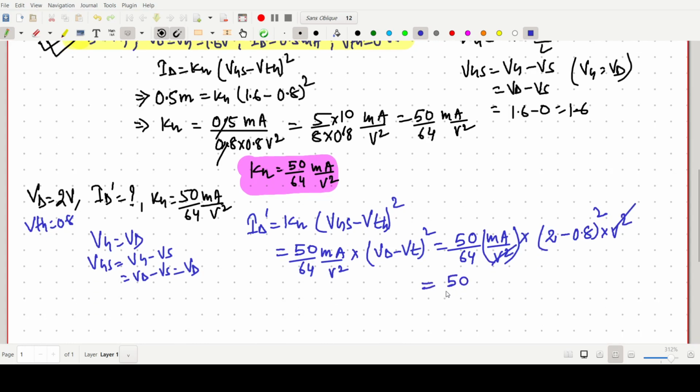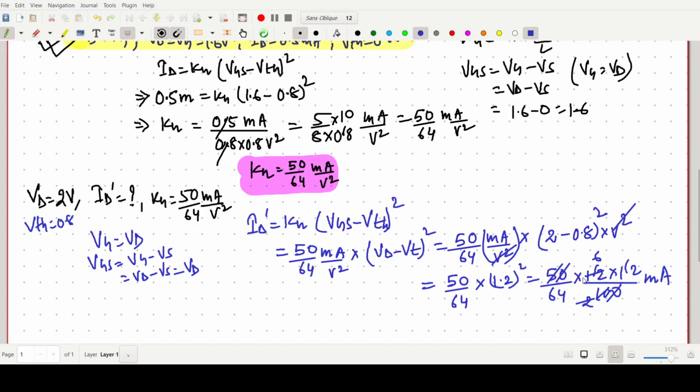So it should be 50 by 64 into 1.2 whole square. Now let us solve this one. This should be 100, and this should be in milliampere. So this should cancel out, 5, 2, then it should be 6.